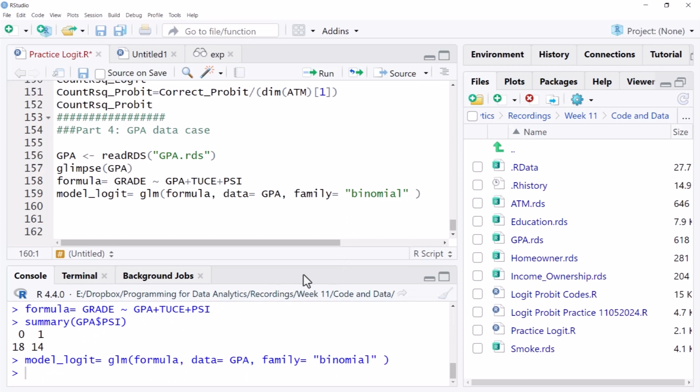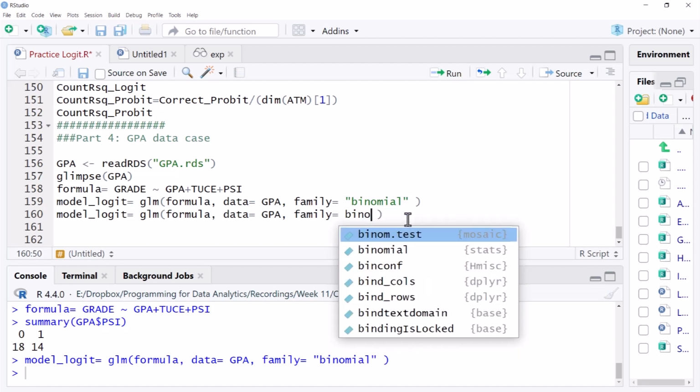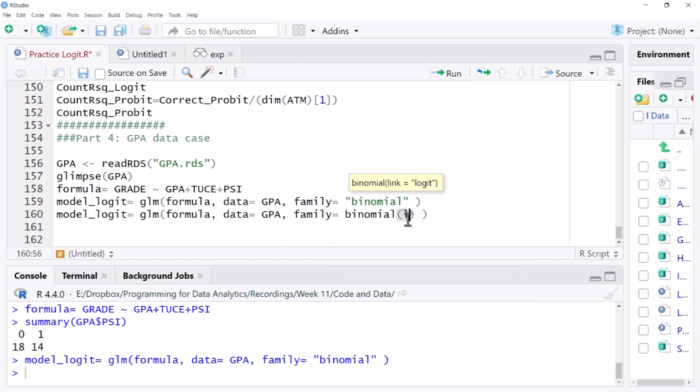Let us run it. Once I run the model, next I'll use the same scheme. But now I want to run probit, so I need to specify that family equal to binomial and link is probit. So this would be our probit model.